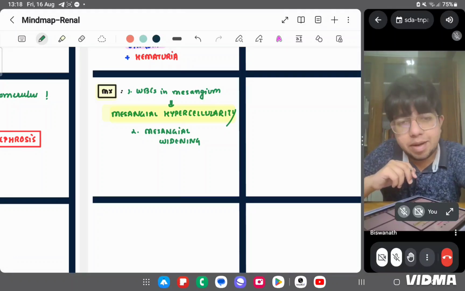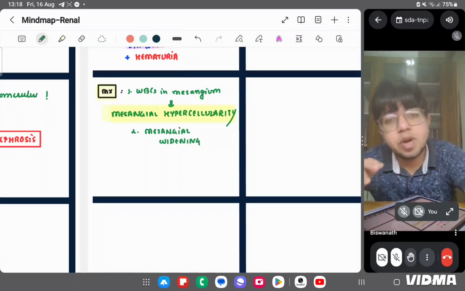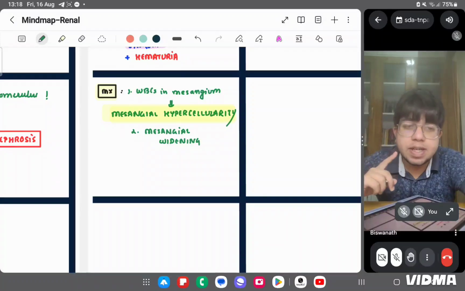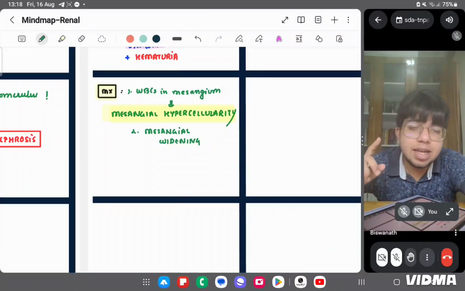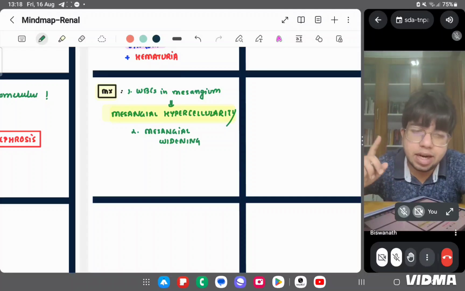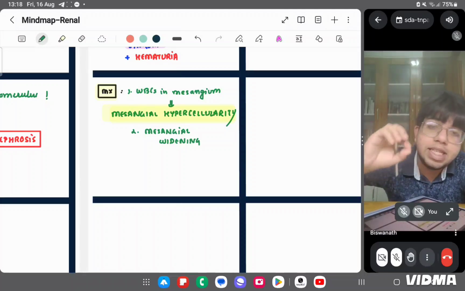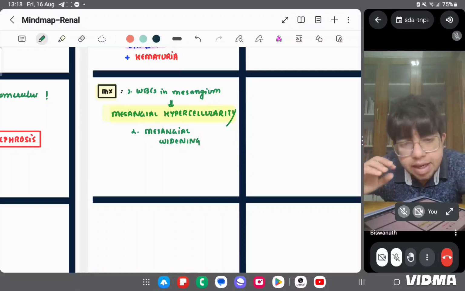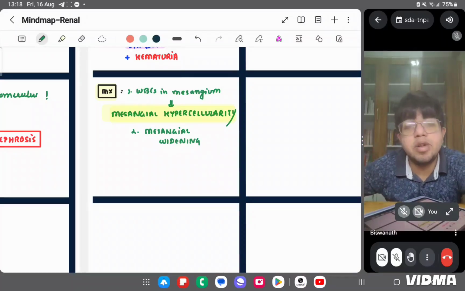Then we're talking about the immunofluorescence. So what will happen in the immunofluorescence? Just see. In the immunofluorescence, there will be a mesangial positivity present. It is not a linear deposit, but there is a mesangial positivity because the IgA molecules and the C3, the other proteins, are coming to the mesangium.